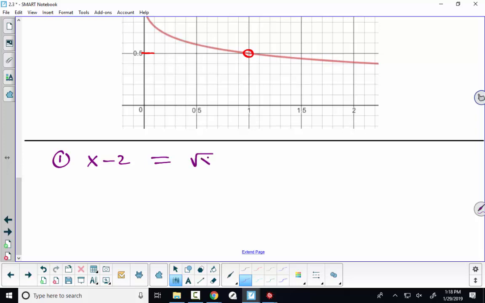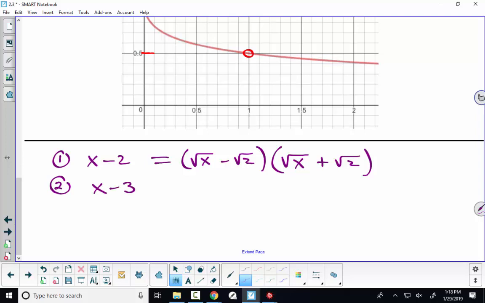We could factor this as root x minus root 2 times root x plus root 2. And so on, we could go. If we had x minus 3, then we could factor that as root x minus root 3 times root x plus root 3.